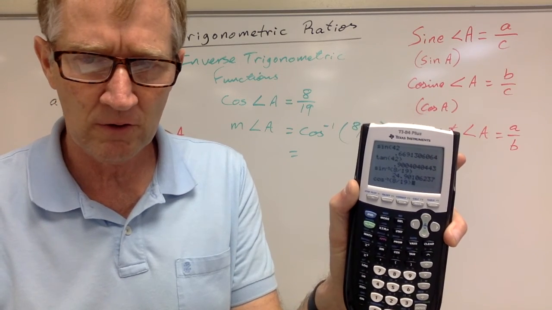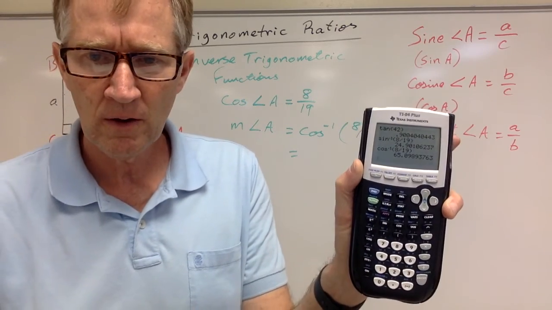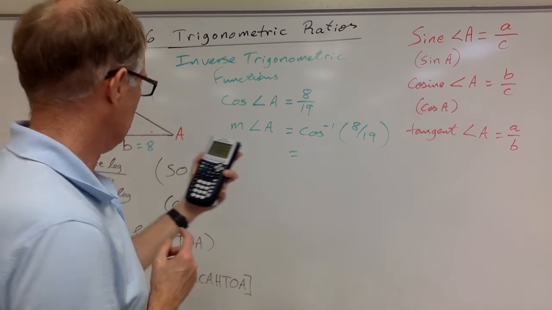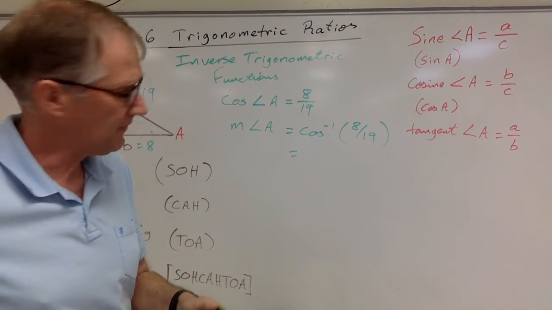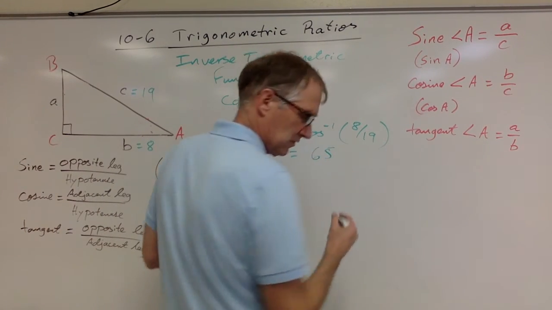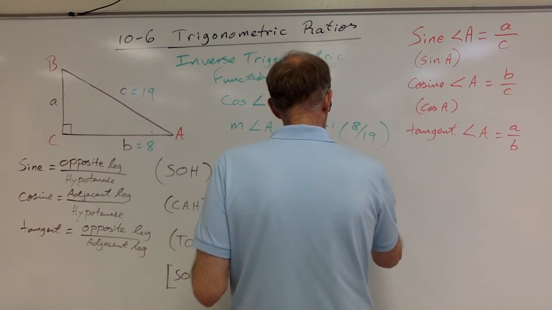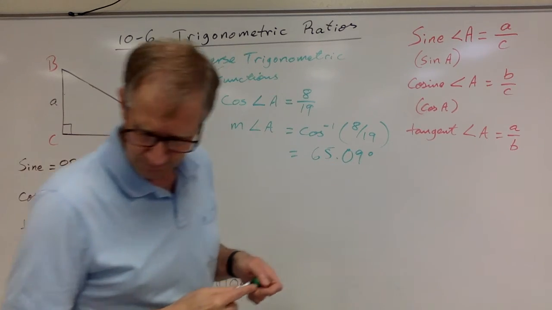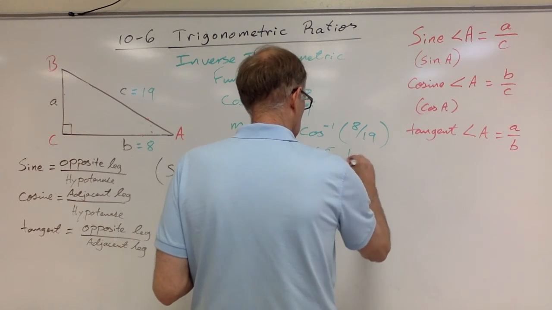That's how that's expressed. 8 over 19, press enter. And I get 65-ish, 65.09 degrees. Actually that rounds up to 65.1.